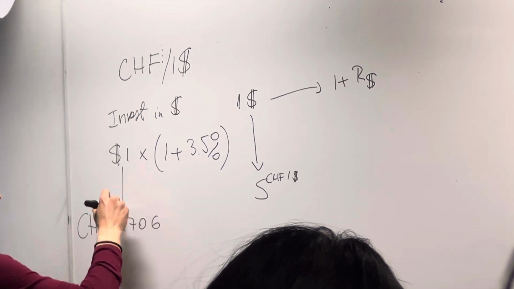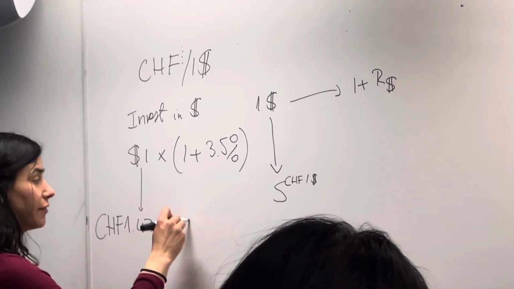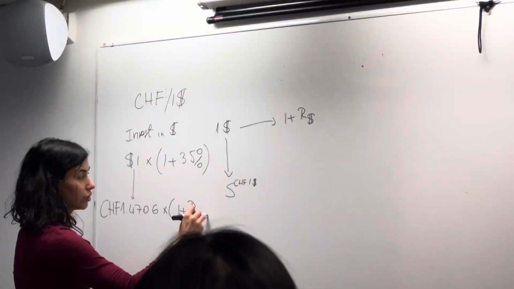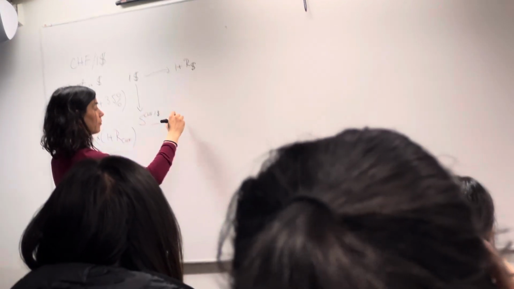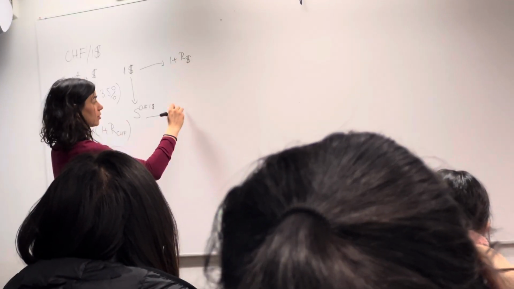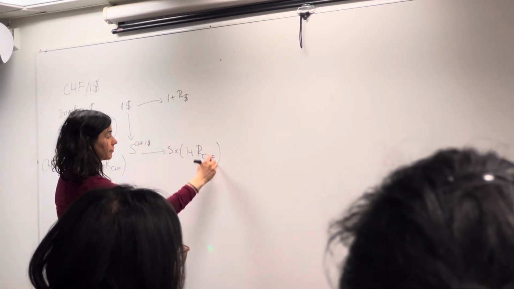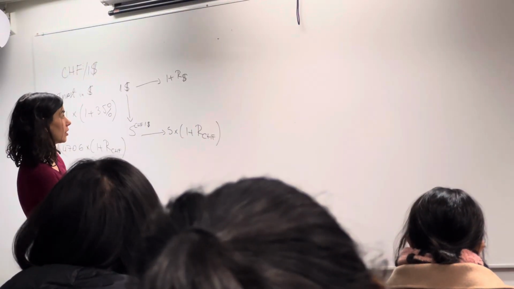So this is $1 converted to Swiss francs, and this is invested at the Swiss franc interest rate, which is the unknown, the X in the question. So this is invested at 1 plus the Swiss franc interest rate. At the end of the period, you get S times 1 plus the interest rate.